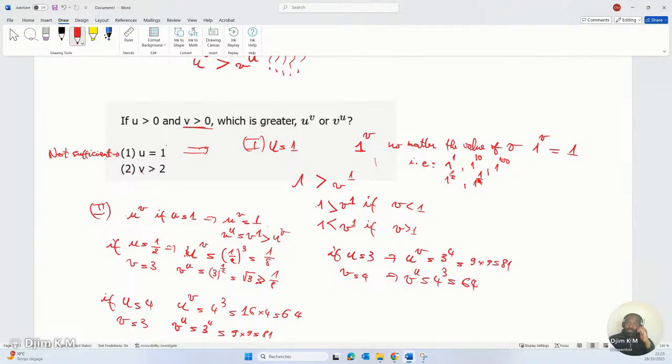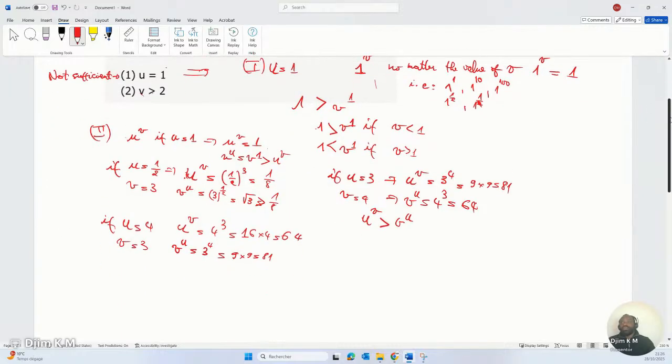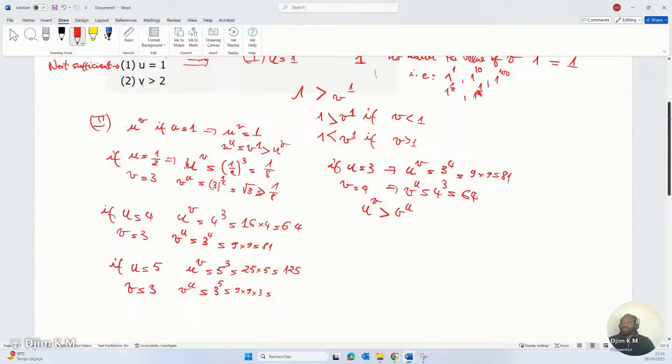Okay, so now you can see that u to the power v is greater than v to the power u. Meanwhile, the examples that we were taking here, u to the power v was less than v to the power u. So this is not sufficient as well.